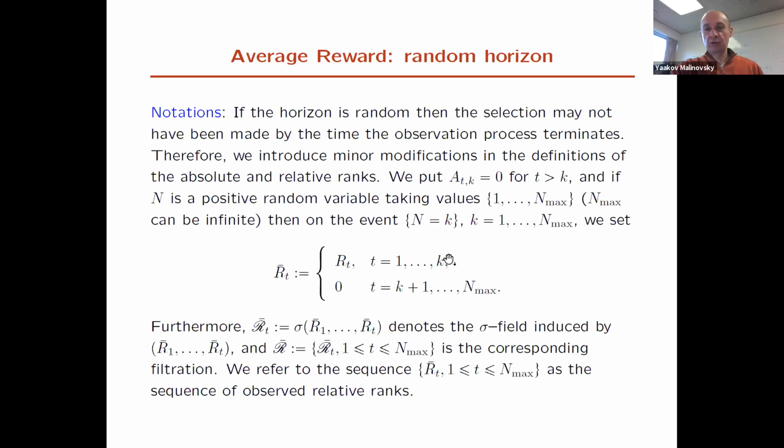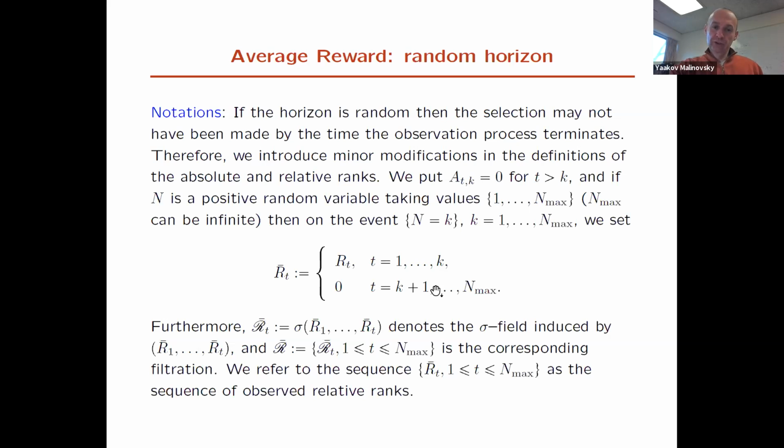After time k, you're not going to see anything, because on the event n equals k, the number of candidates can be 1 to k. And the relative rank notation also needs to be changed. On this event n equals k, the new relative rank bar equals the relative rank based on the previous definition when time is up to the maximum number of candidates, and it equals 0 otherwise.